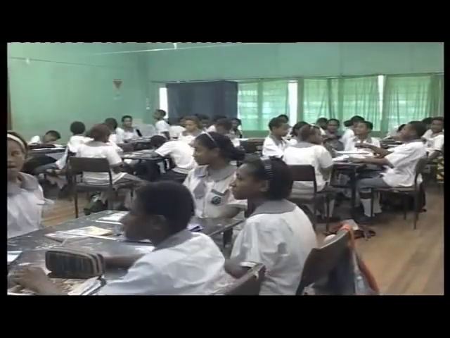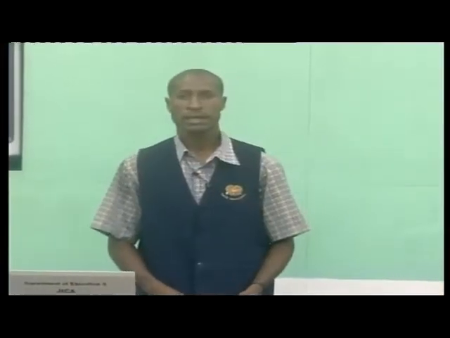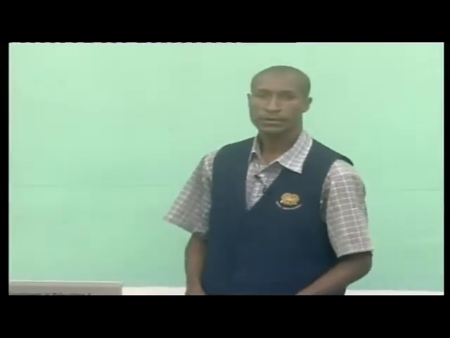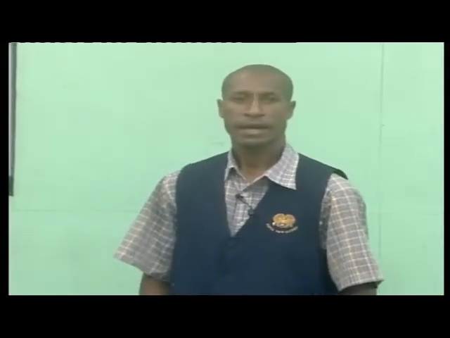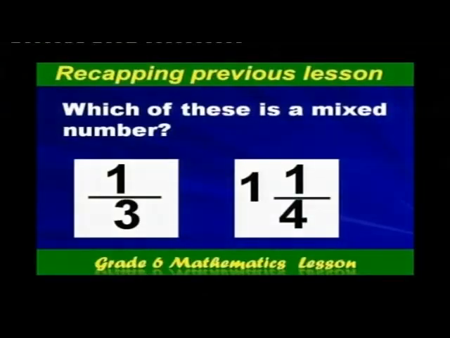Now, receiving students and sixes, before we go to today's lesson, let us recap what we have learned in our previous lesson. Students, in your previous lesson, you looked at mixed numbers. Is that correct? Yes. Now, I would like you to tell me which of these on the screen is a mixed number.